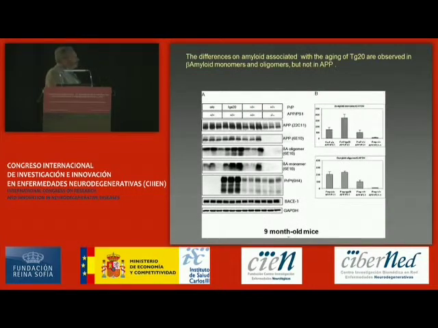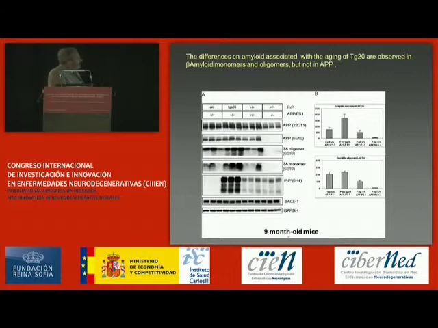So just to compare, to check and to confirm this data, we used different antibodies. We checked that the APP transgene is not significantly modified along aging. The control obviously doesn't have the expression of the transgene.